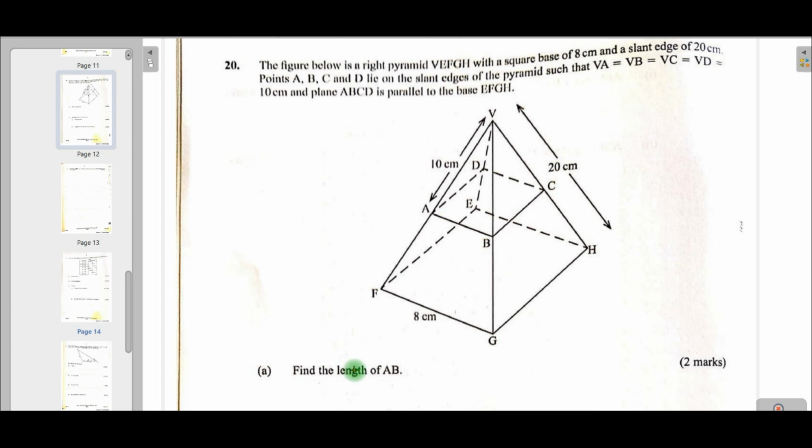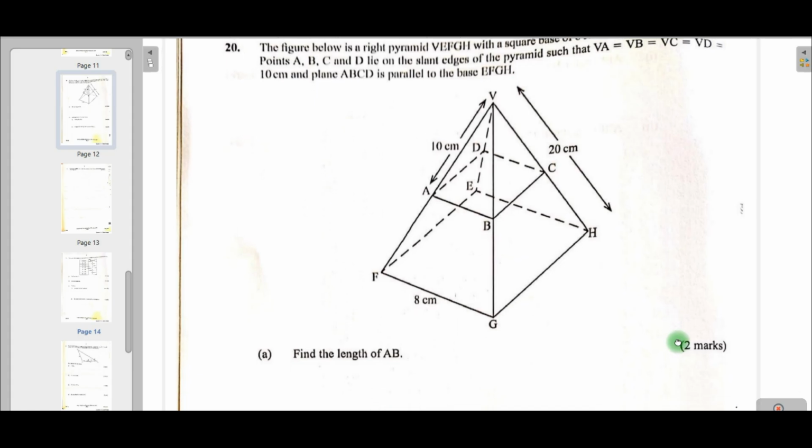So how do we get length AB? We are going to use similarities and enlargement.